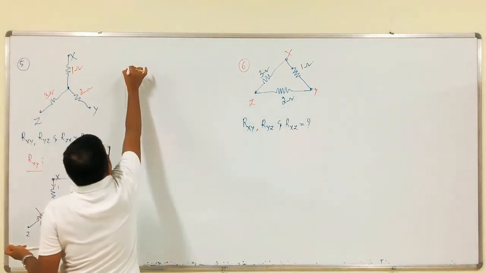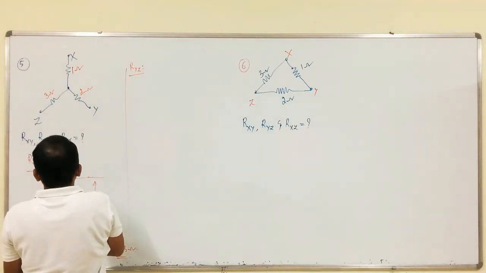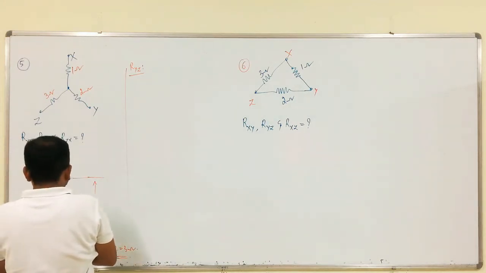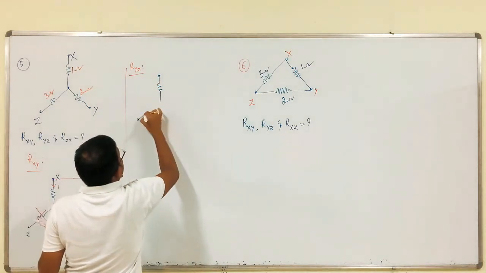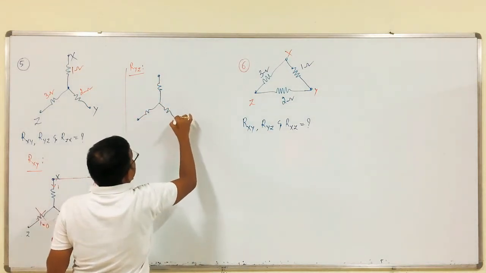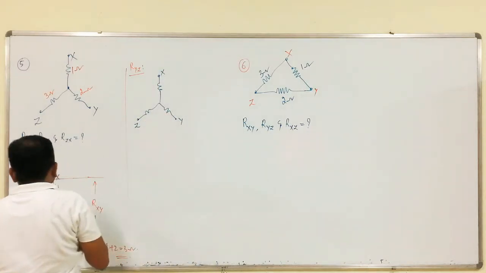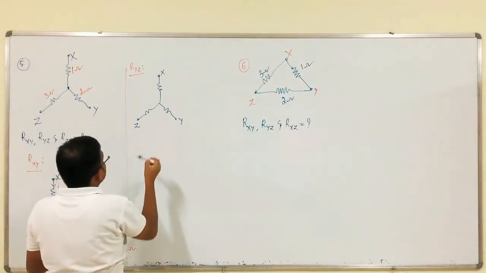Like this, Ryz. The circuit is, this is x branch, this is y, this is z. Next we have to calculate Ryz between these two, right?